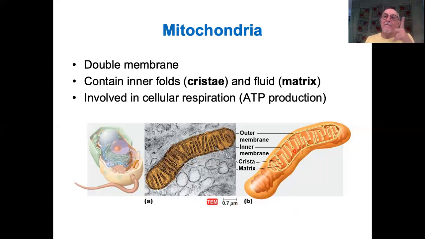Now, you remember I've emphasized, every time I talked about the nucleus, I said it contains most of the cell's DNA. Not all, but most. Here's one other place where DNA occurs, and it is called mitochondrial DNA. It's a small amount of DNA, and it is in the form of a circular chromosome.